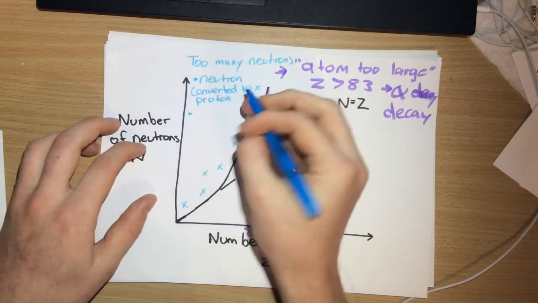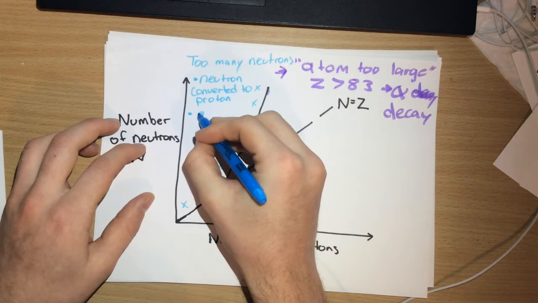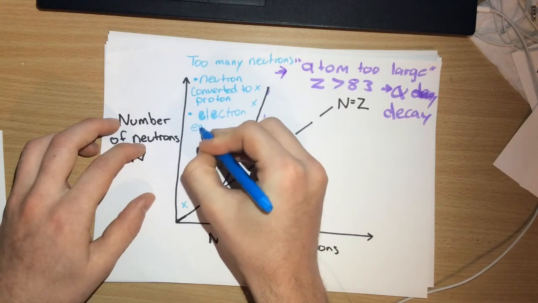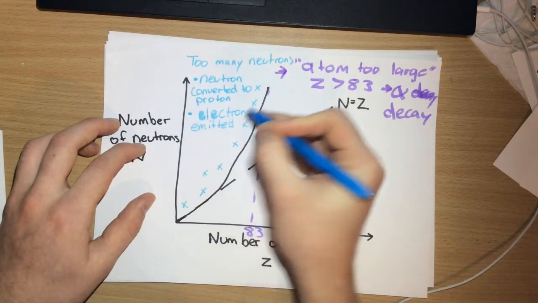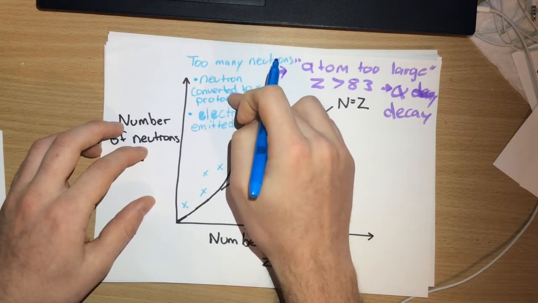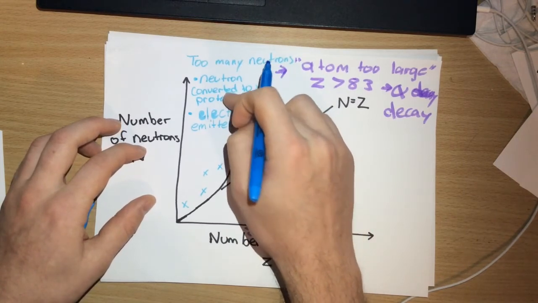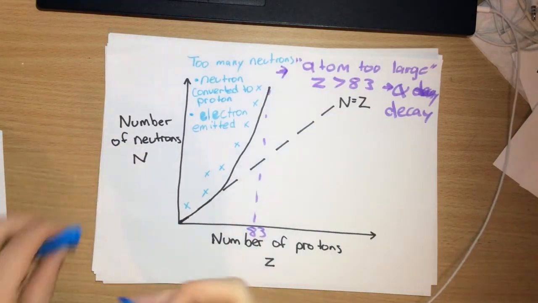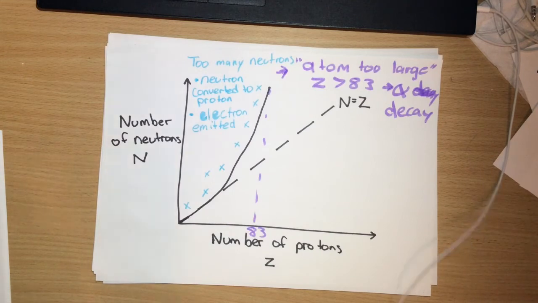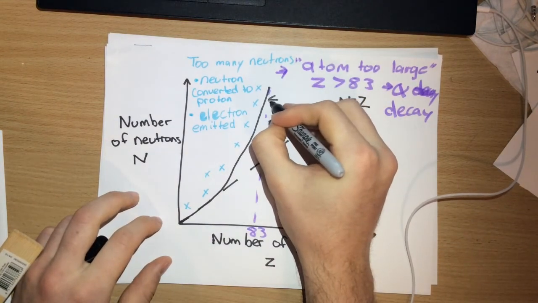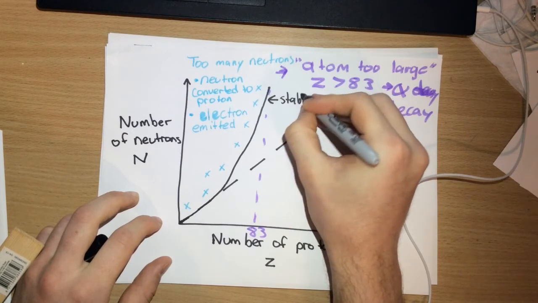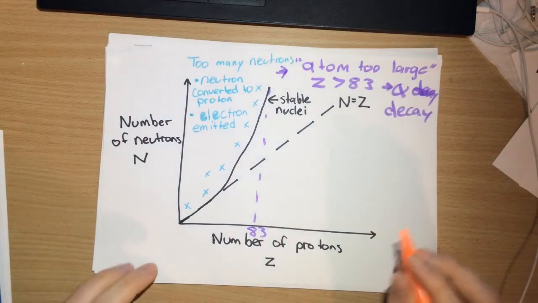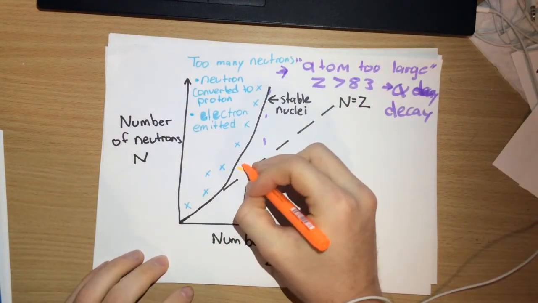So what this means is an electron is emitted. We started with a neutron which has no charge. We created a proton, positive charge. We have to create an electron to negate that positive charge. And that occurs above this stable line. This line here is all the stable nuclei.